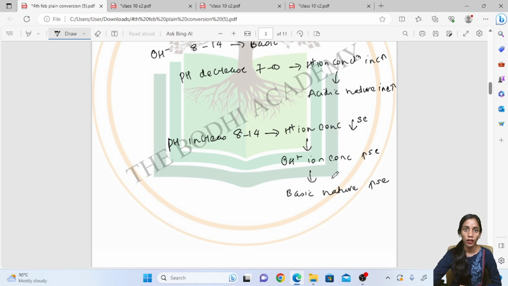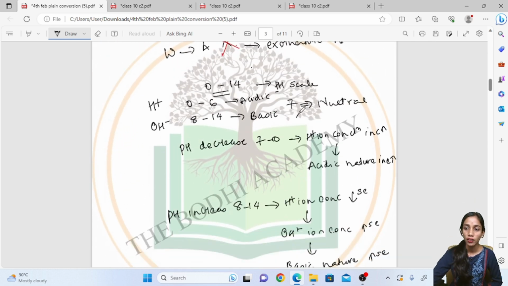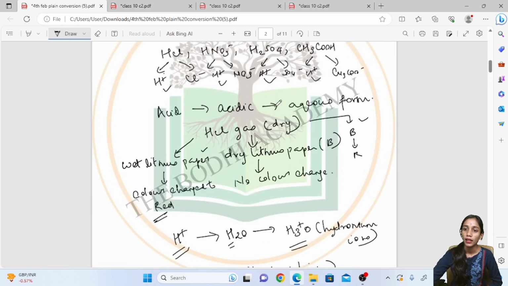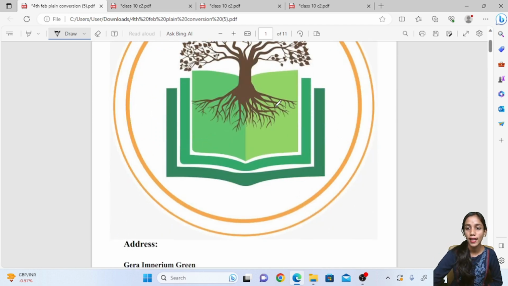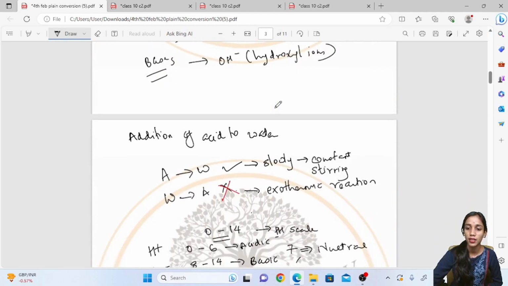As H plus concentration decreases, the OH minus concentration increases, and when OH minus concentration increases, the basic nature increases. Now, what about pH 7? pH 7 is neutral, which is neither acidic nor basic. So we have covered the concepts of acidic and basic substances.